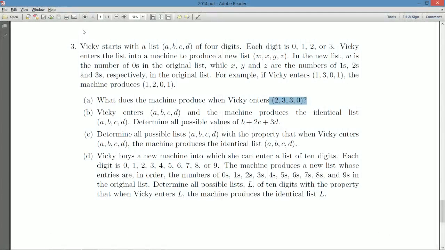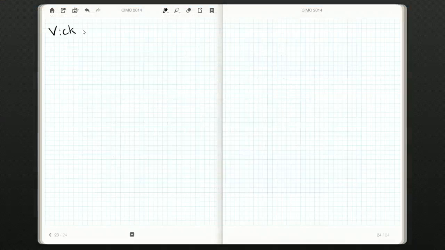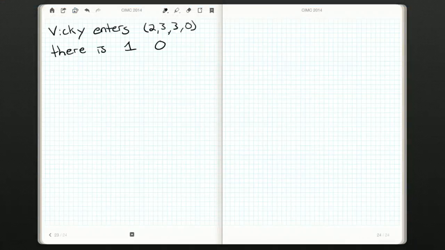Vicky with a Y. Okay, and she enters in 2330. So really all we have to do is just describe the content of this sequence. So how many zeros are there? There's 1 0.